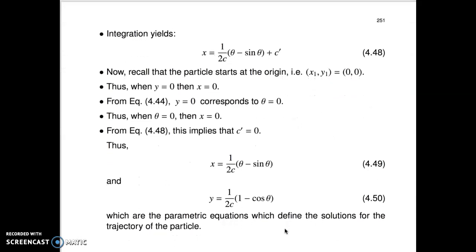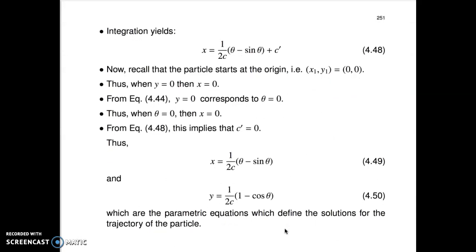Okay, so now let's remember that the particle in this Brachistochrone problem, look back to the original figure that I drew, the particle starts at the origin, so x1, y1, that's 0 and 0. So we know that when y is equal to 0, x is equal to 0.